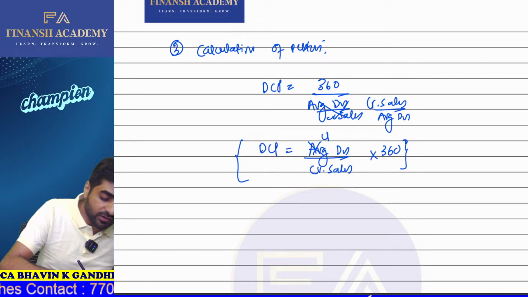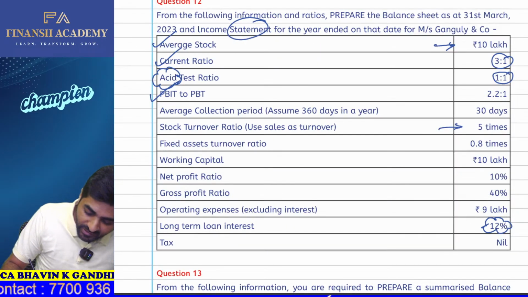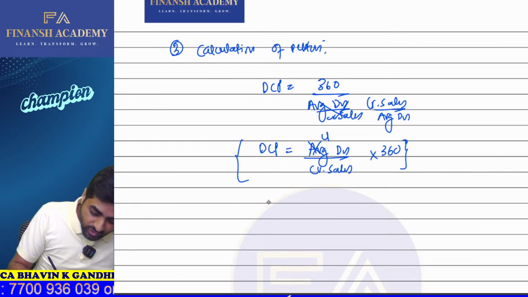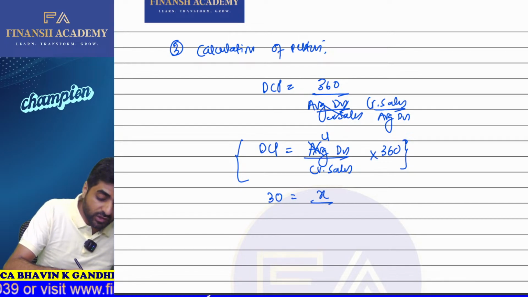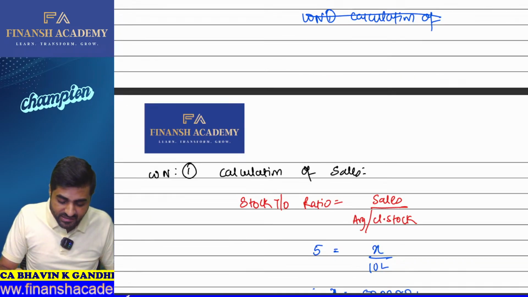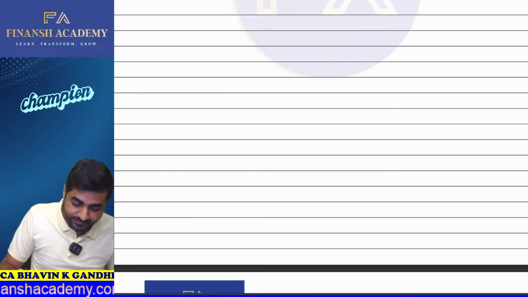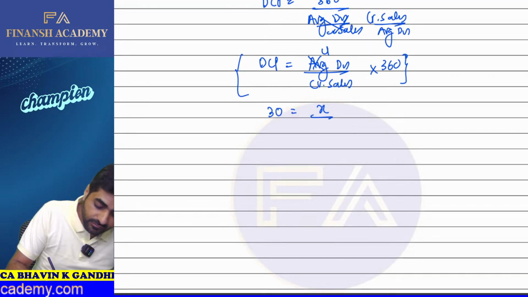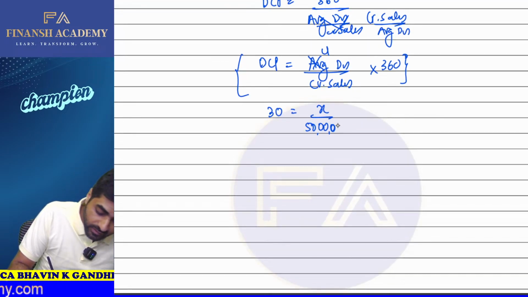Do you have the debt collection period available? Yes, that is 30. So 30 is equal to, let this be X, upon the amount of sales, which is 50 lakh rupees, into 360.